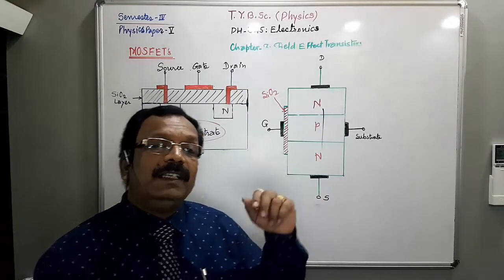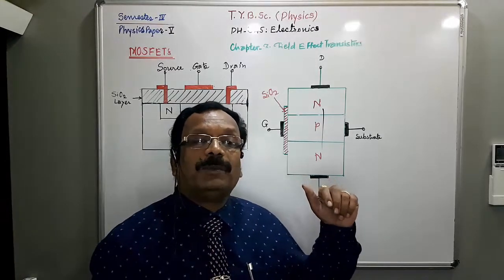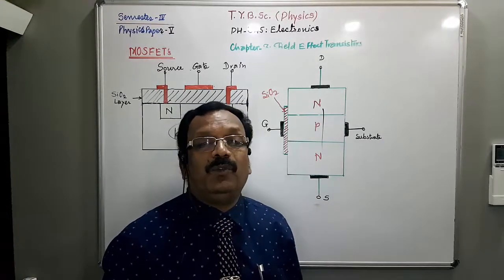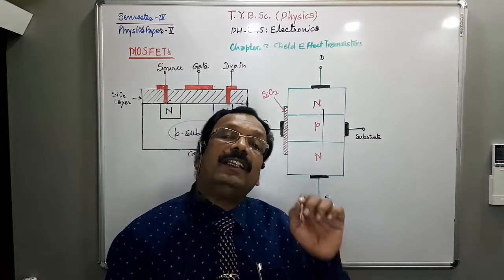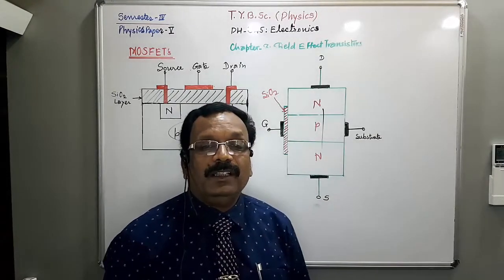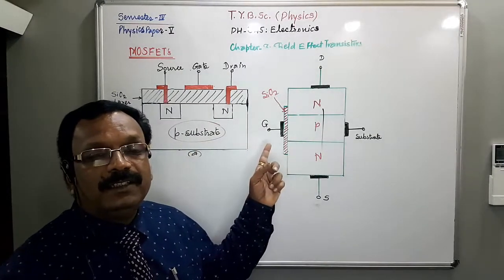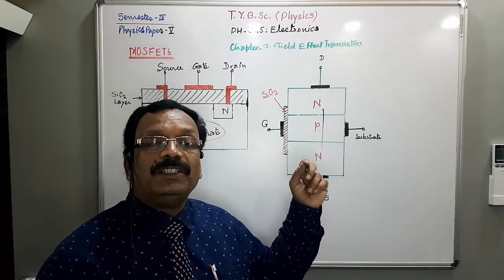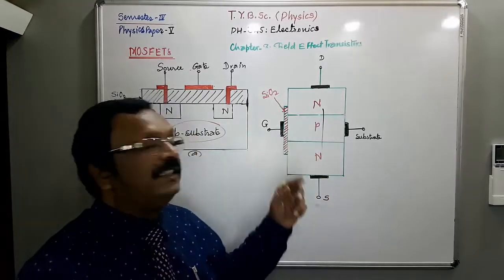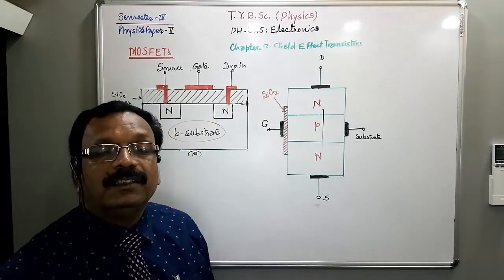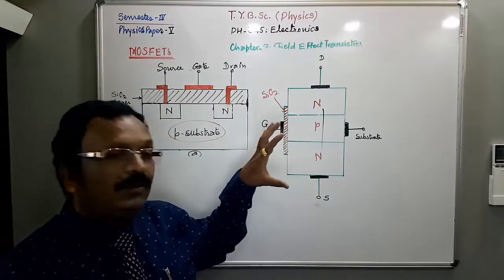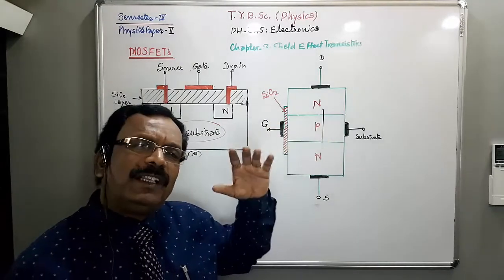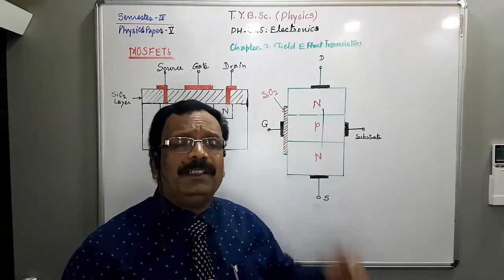In short, it has no depletion mode, but operates only in enhancement mode. First of all, we are going to understand the working principle. The working principle is the same as that of the depletion type.